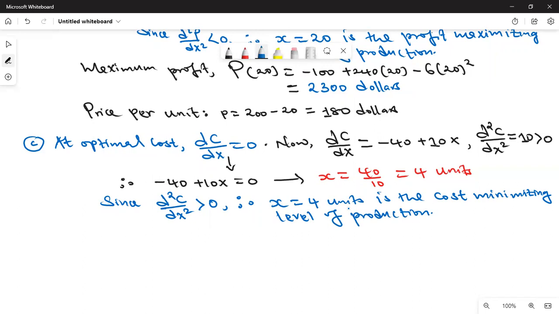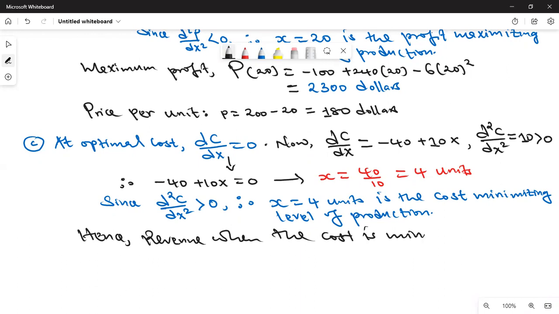Now, we are asked to find the revenue when the cost is minimized. So we can say hence the revenue when the cost is minimized is, that will give us R of 4.